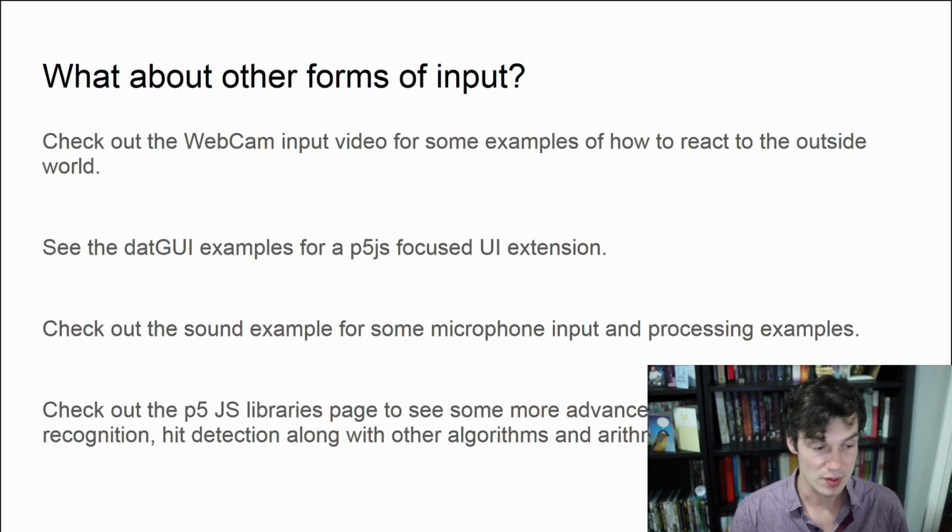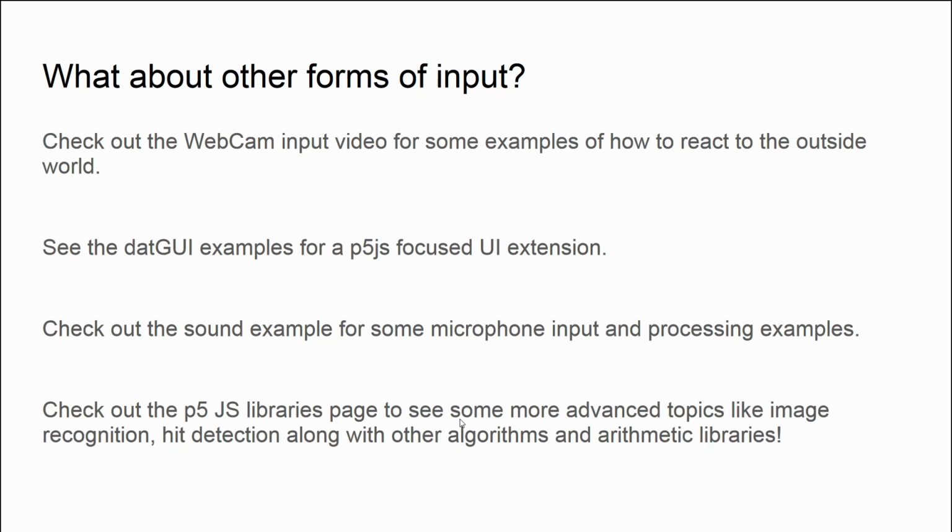There are also other algorithms on there for different mathematical operations, arithmetic. There are collision libraries, all sorts of other stuff that you can dig into. You can have a look at the .gui example if you're interested to see how that feels to work with.